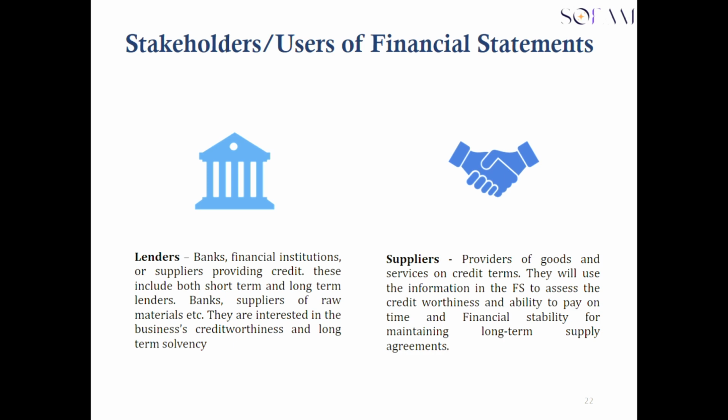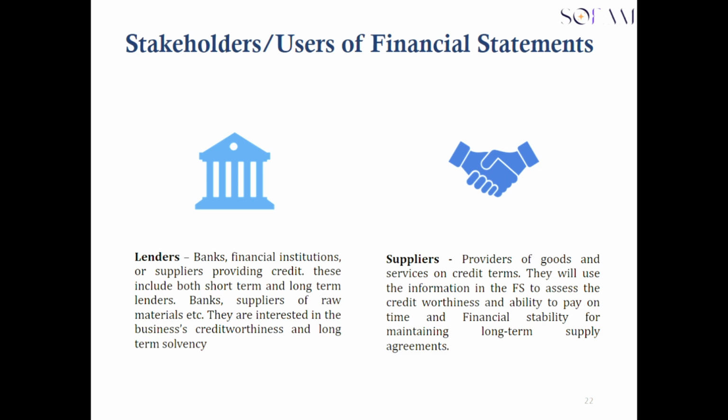So they will use the information contained in the financial statement to assess your credit worthiness, your ability to pay on time, your financial stability, so that they would be able to also make decisions as to whether to sign a long-term agreement with you or even to sell to you on credit, right? Your accounting information is really important to them.